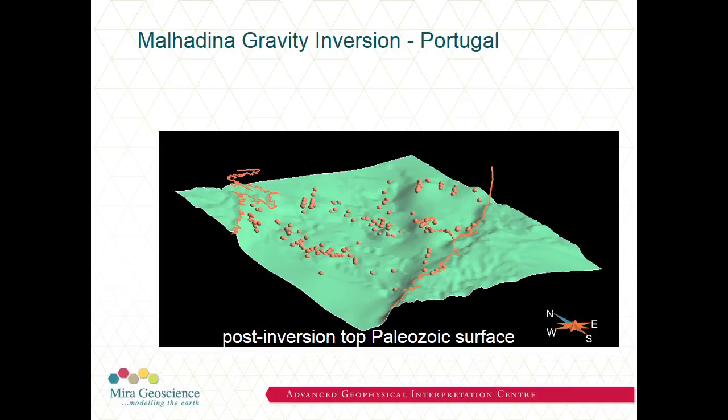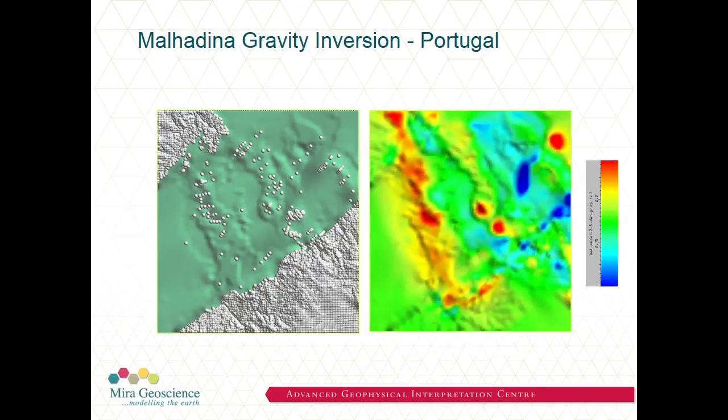Okay. So again, explicitly solving for the geometry of the cover. And once that cover is solved for in terms of its geometry, which you see on the left, so these white spheres are the control points, so it's sort of all control points where there's outcrop on the eastern and western margins of the basin, and numerous control points within the basin.